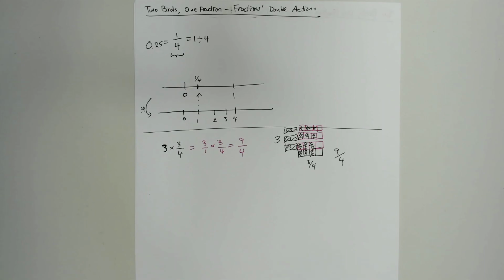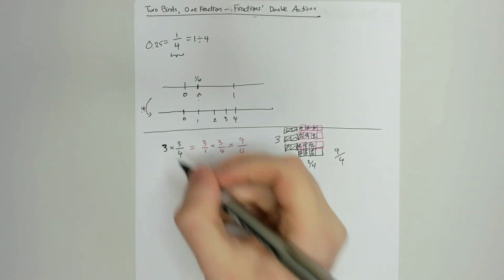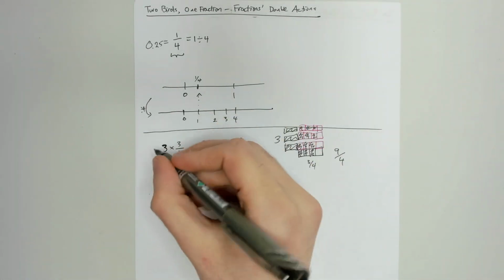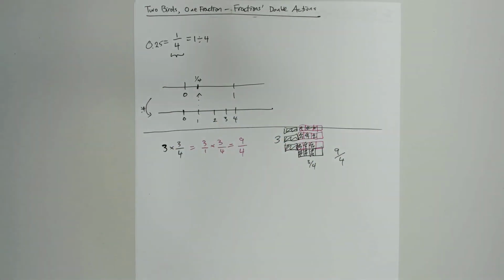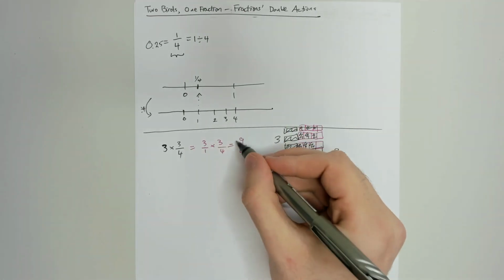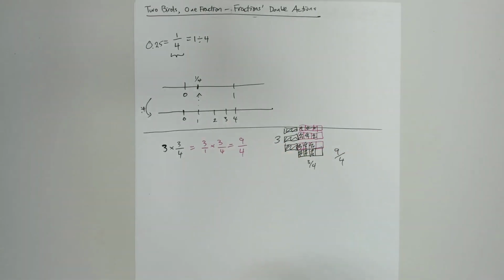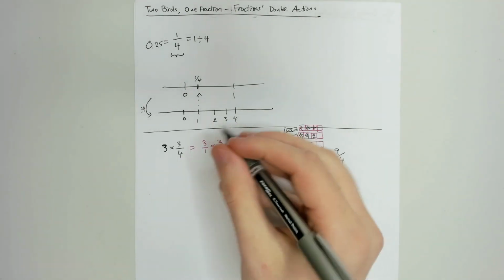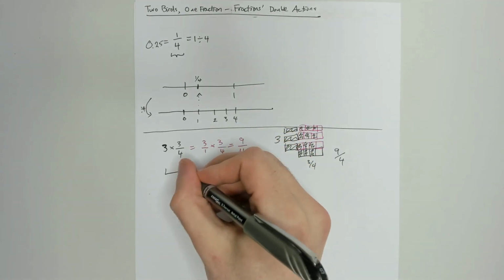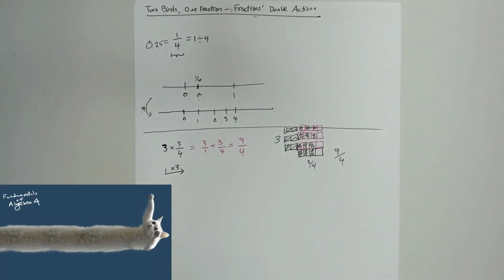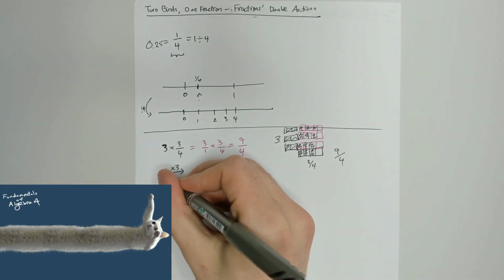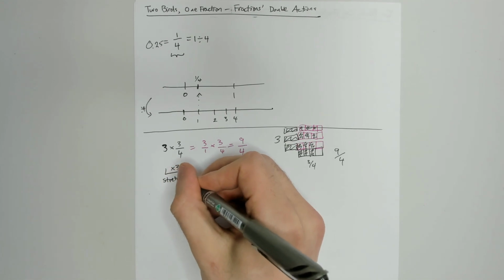But what I want to do now is use this transformation perspective. With 3 times 3 quarters, ultimately what's going on is we're multiplying 3 by the 3, and we get 9 from doing that, and then we have this over 4. Essentially we are multiplying by 3, but if you recall from the transformation videos in the first part of the Fundamentals of Algebra series, that's the same thing as stretching by a factor of 3.